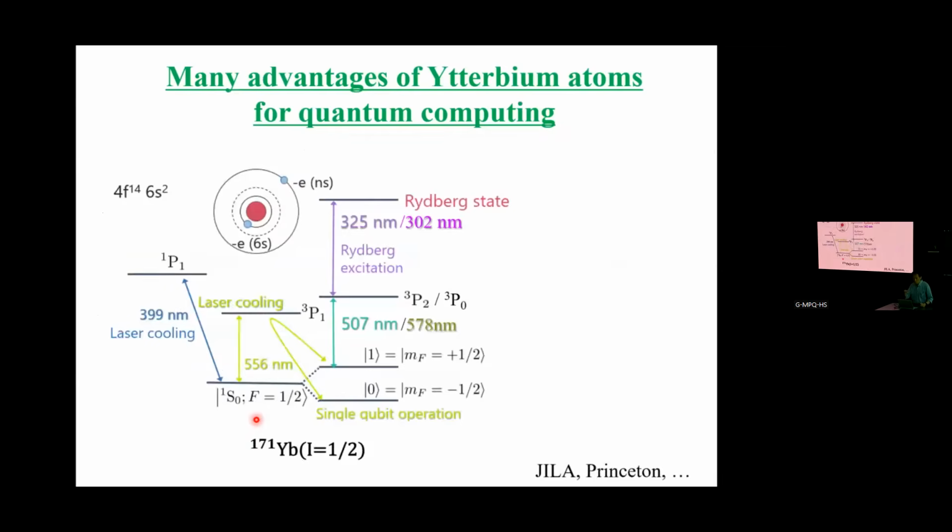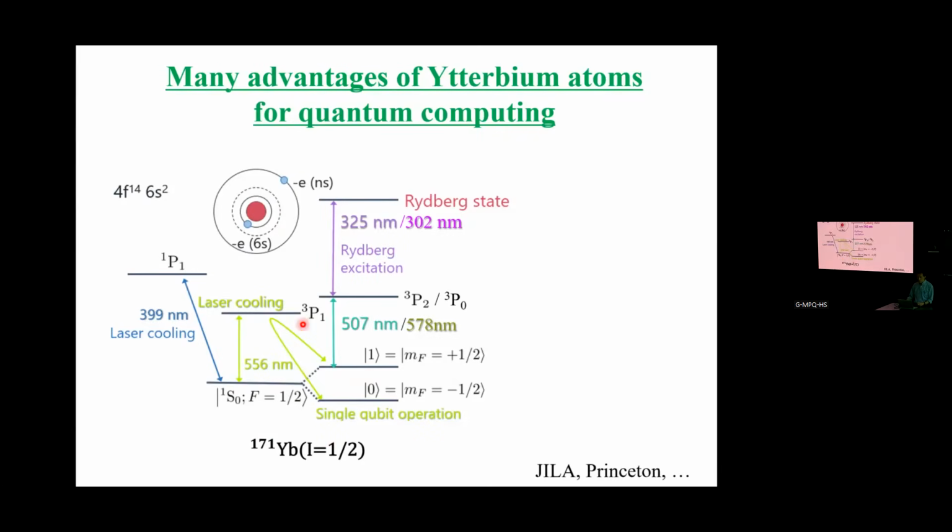Before the end of my talk, I'd like to briefly report on our recent effort on ytterbium atom-based quantum computing. There are many advantages of ytterbium atoms for quantum computing. This morning, I know that there are many interesting projects here using strontium atoms, and some of the advantages are common for ytterbium and strontium.